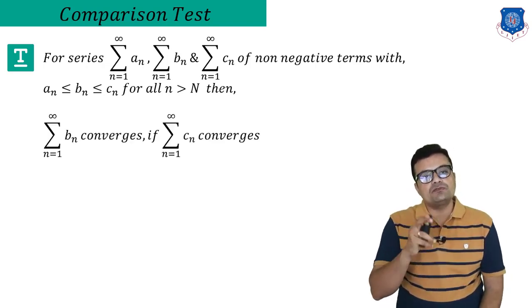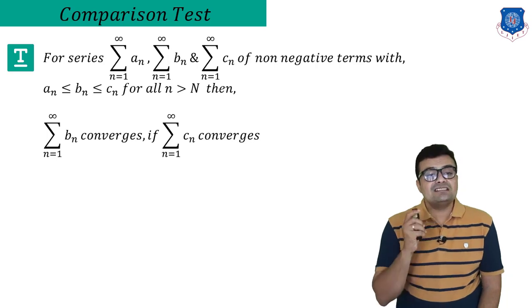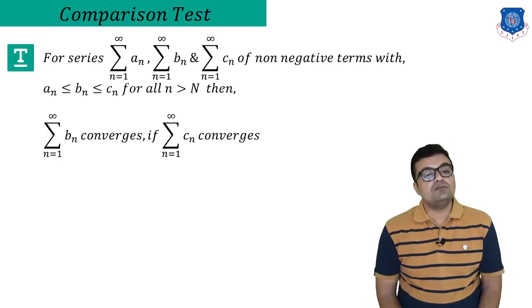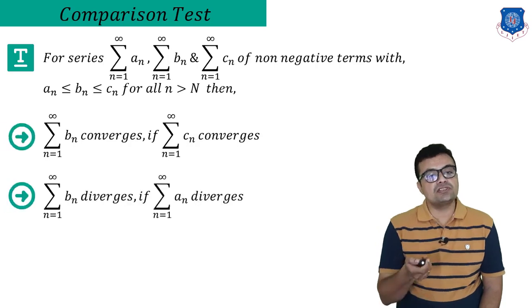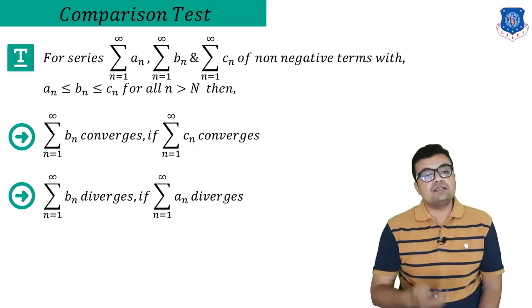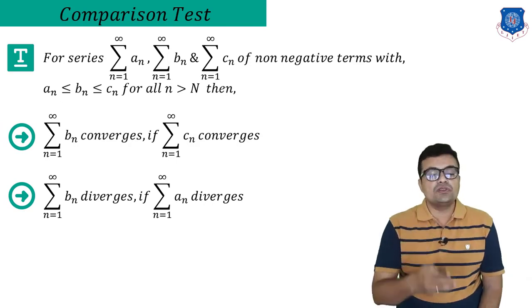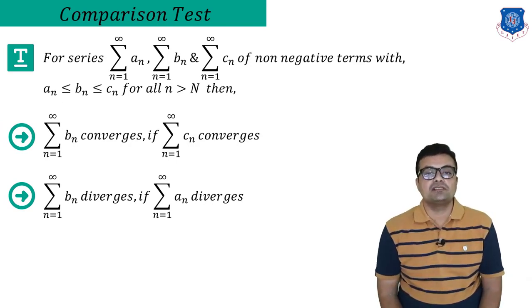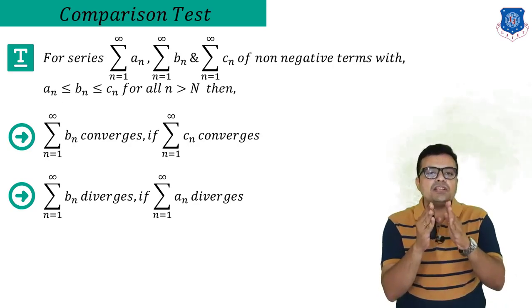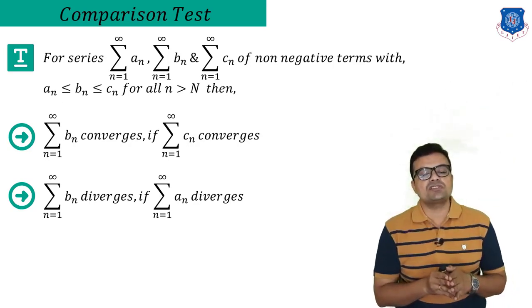My first observation will be this: summation bn is convergent if summation cn is convergent. This is quite obvious. And summation bn is divergent if summation an is divergent. Here you can imagine a situation.